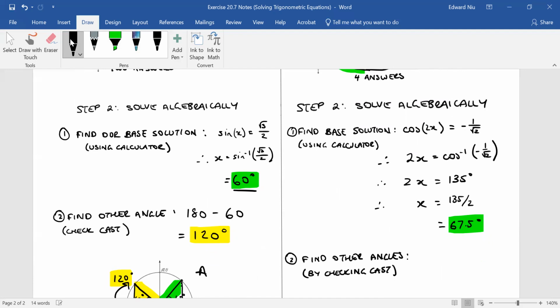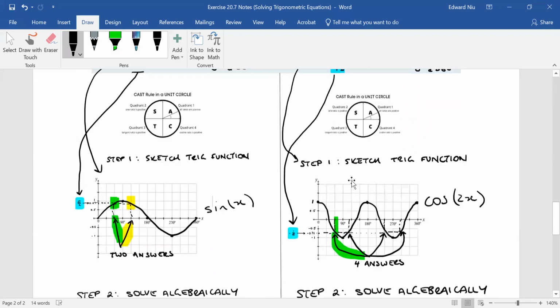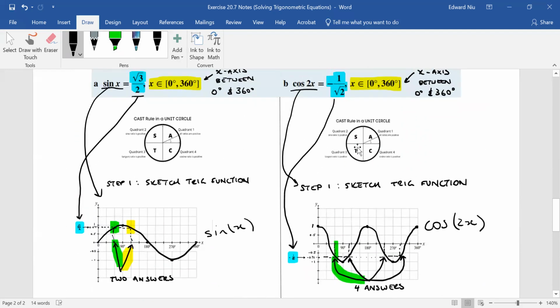You're probably wondering, what was CAST? The CAST acronym is that circle I attached above, and it's this point here, CAST. All right, we've got a negative cosine, and we want the quadrants where cosine is negative.